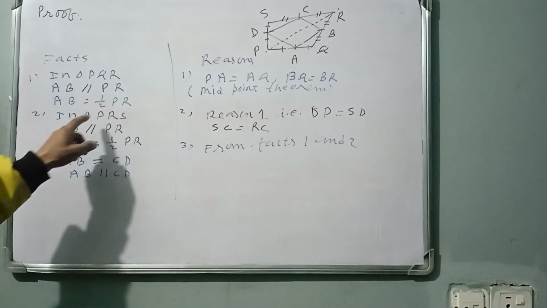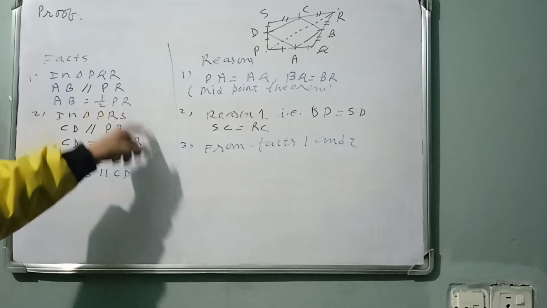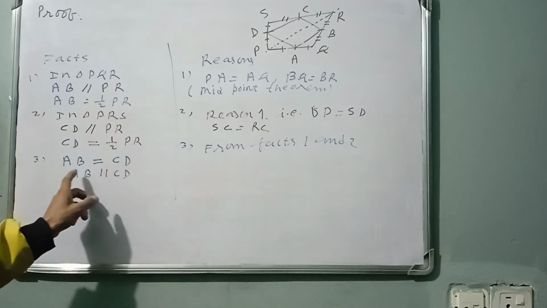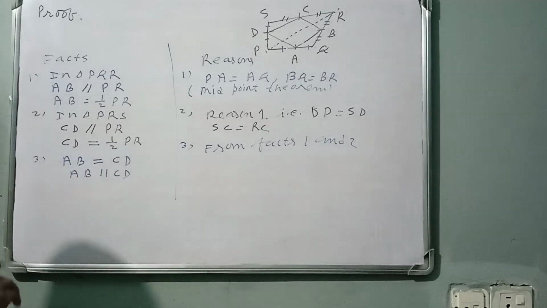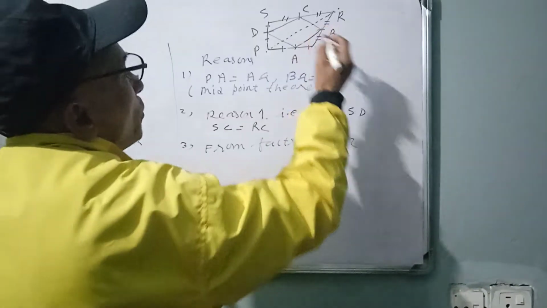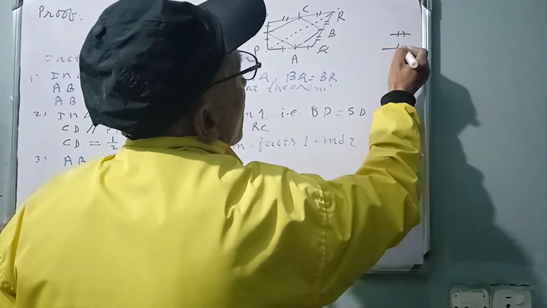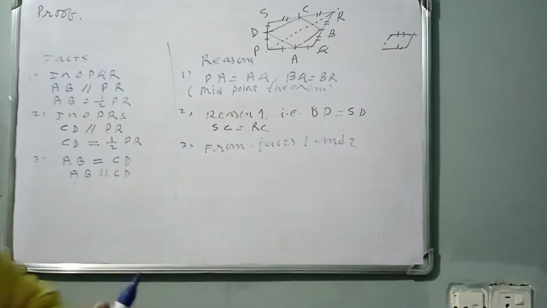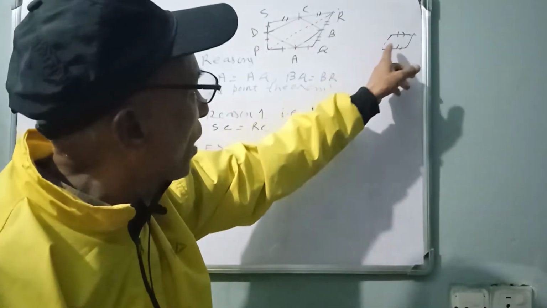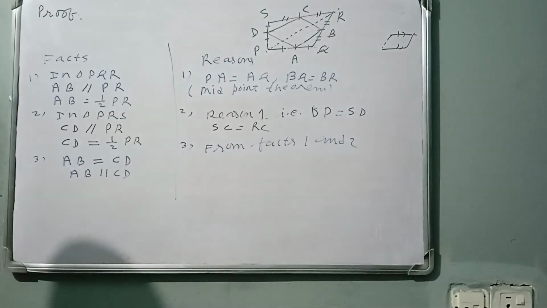Both AB and CD are equal to half of PR and parallel to PR. So AB equals CD and AB is parallel to CD. If two sides are equal and parallel, then the lines joining the end points of two equal and parallel sides are also equal and parallel.